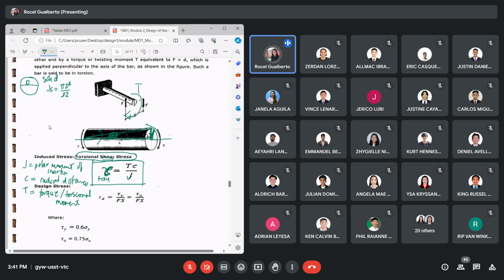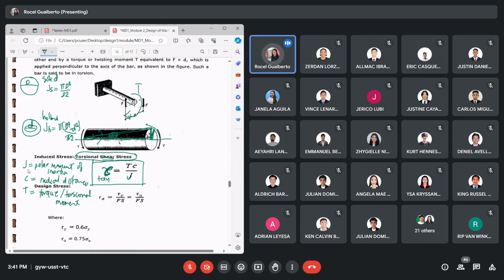Kung siya naman po ay hollow, we use a small d for the inside diameter and big letter D for the outside diameter. J for hollow is equal to pi quantity D to the fourth minus d to the fourth, divided by 32. So, yan naman po yung equation ng J for hollow.